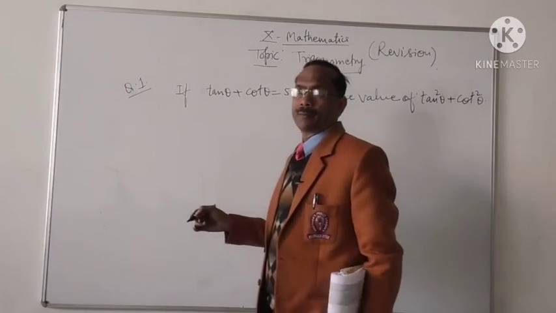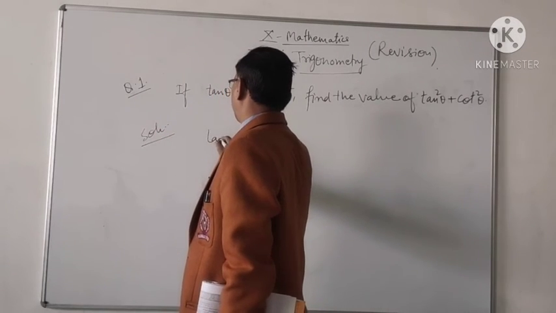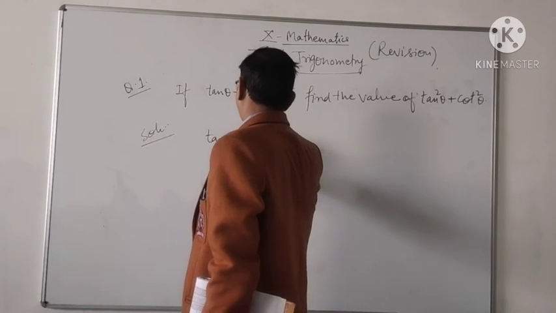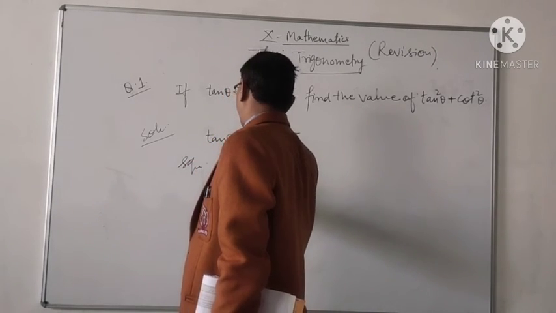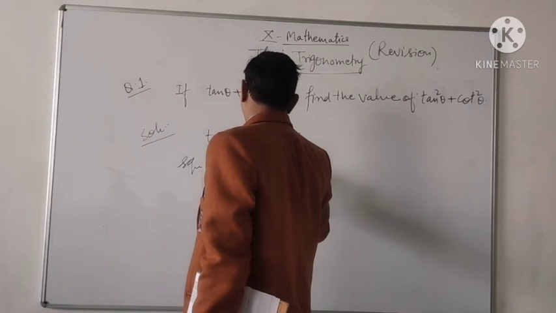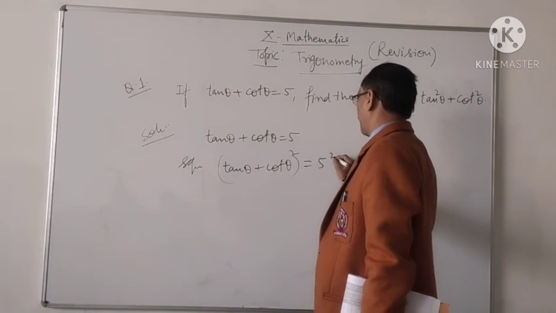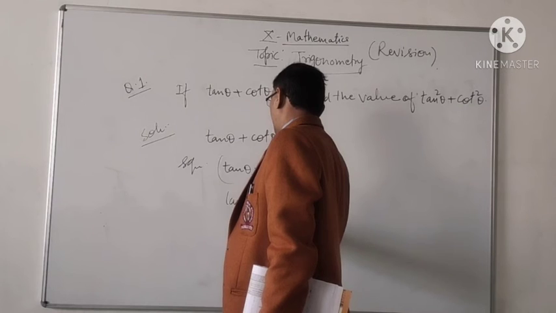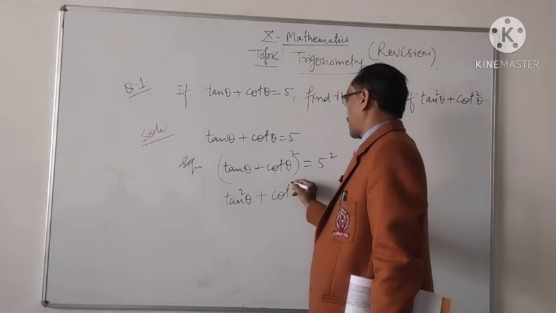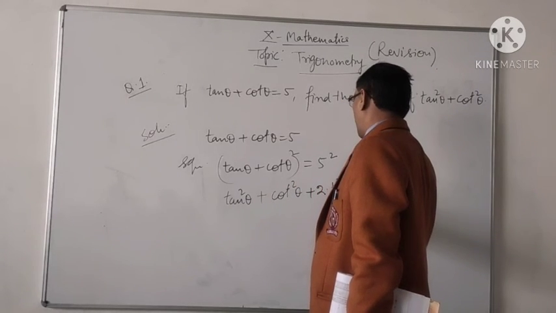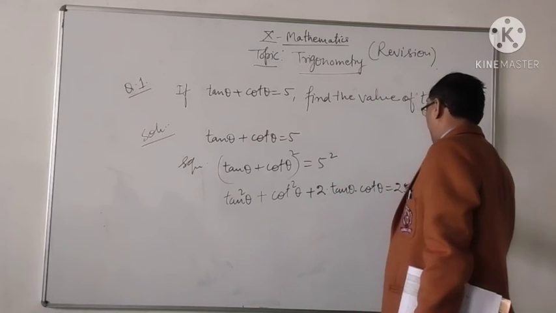So student, for the solution, we will take the square of this. Tan theta plus cot theta equal to 5. Squaring, we will get tan theta plus cot theta whole square equal to 5 square. Now it is tan square theta plus cot square theta plus 2 tan theta into cot theta equal to 25.